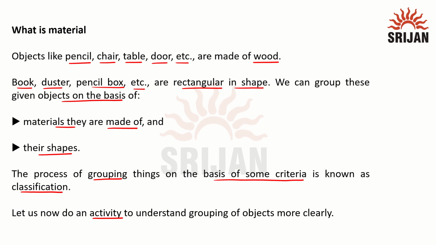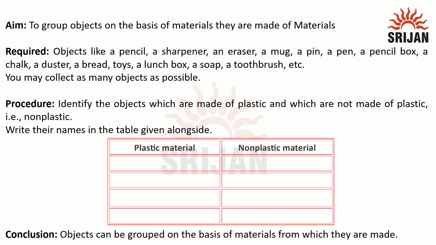Now, our aim of this experiment is to group objects on the basis of materials they are made up of. So, what are the objects required? For example, whatever we see around us. Example, pencil, sharpener, eraser, mug, a pin, pen, pencil box, a chalk, duster, bread, toys, lunch box, soap, toothbrush, etc. can be collected as per your convenience.